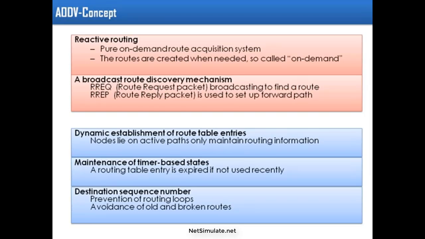The destination sequence number can be considered like a timestamp: at what time we received this path information from the destination. If the information is old, not fresh, stale, the destination sequence number can be used to check whether the incoming information is fresh or not. The inclusion of the sequence number also avoids routing loops and the count-to-infinity problem.